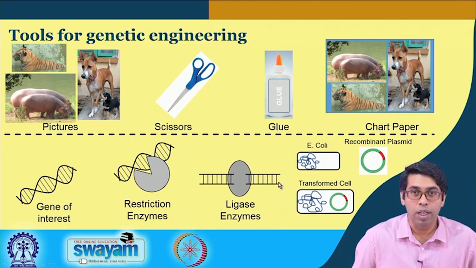That is what we do to get our recombinant plasmid, and finally you put that plasmid into your organism of choice. In today's lecture, we will limit ourselves to bacterial cells, so E. coli, and that is your finished product. You can grow this E. coli, it will make your protein, and you can then purify your protein using chromatographic techniques.